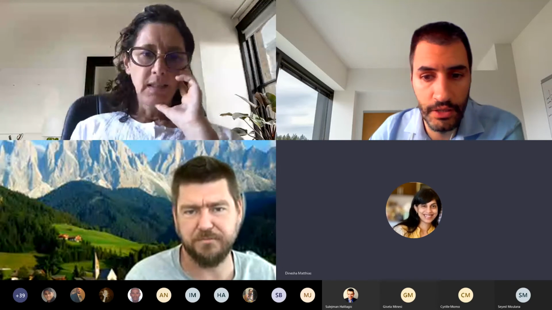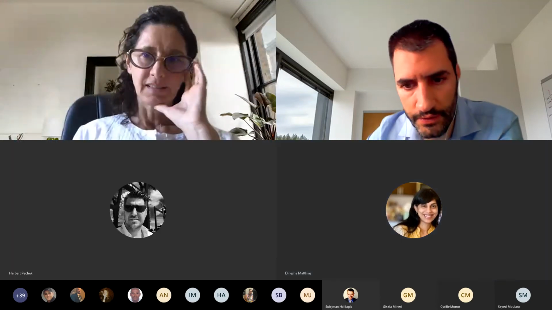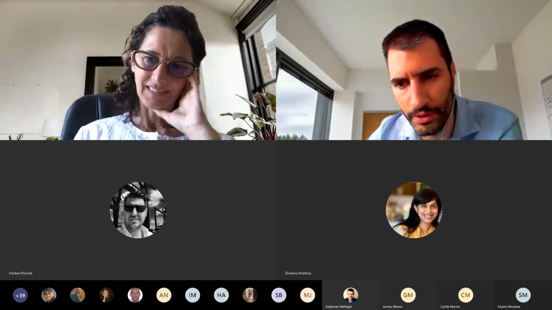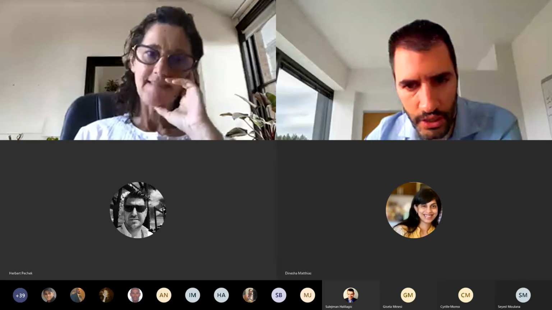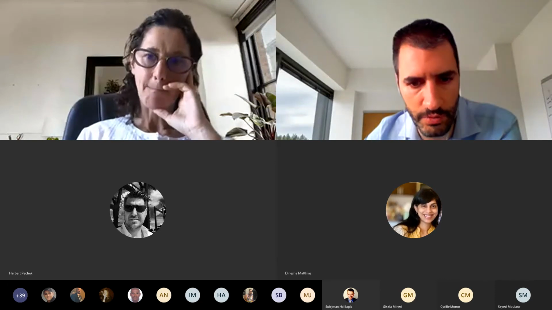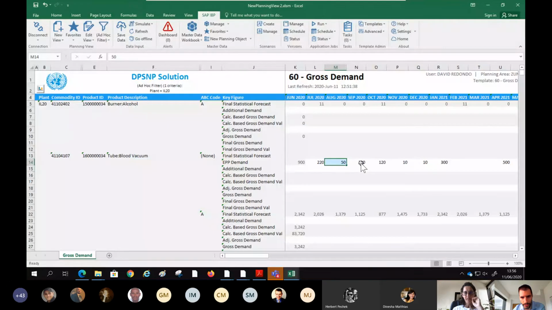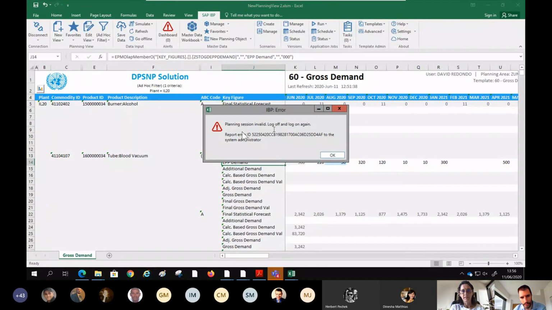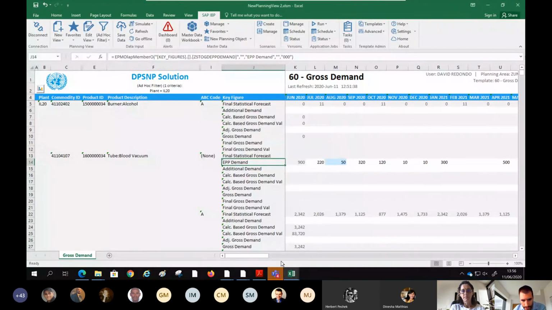Thank you. Valentina, before we go to the next hand, as there were some comments and Dinesha was saying that the EPP cannot be modified, I just want to share how the behavior is in the system. Even if it's editable, if you try to save the data after modifying EPP demand, the system will give you an error telling you that it is not possible to modify the EPP demand.